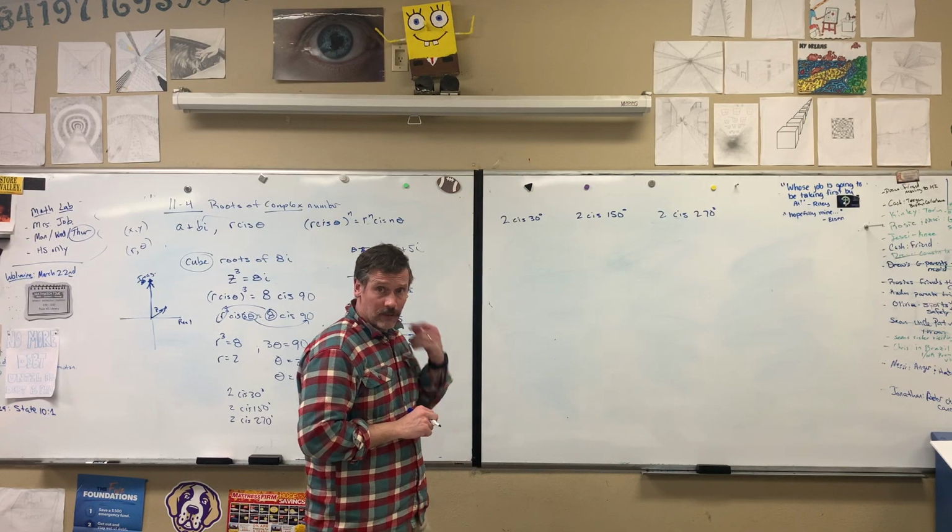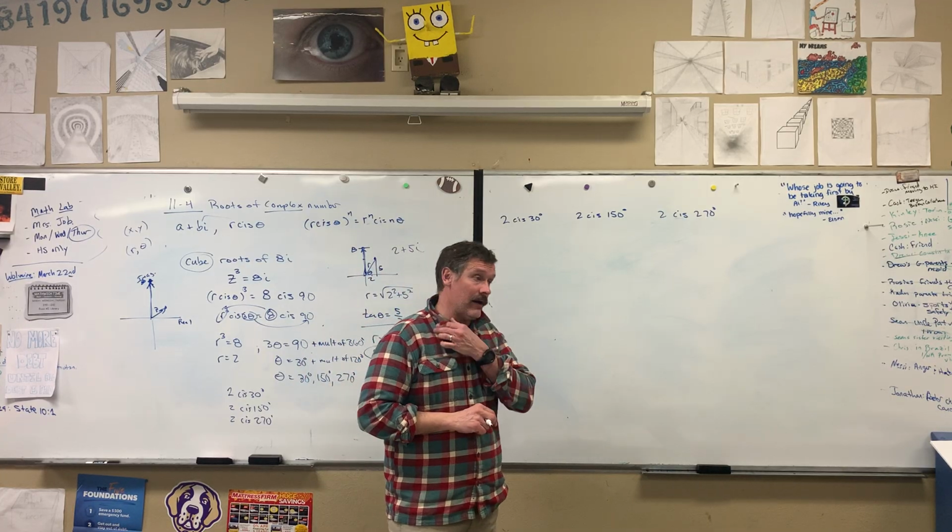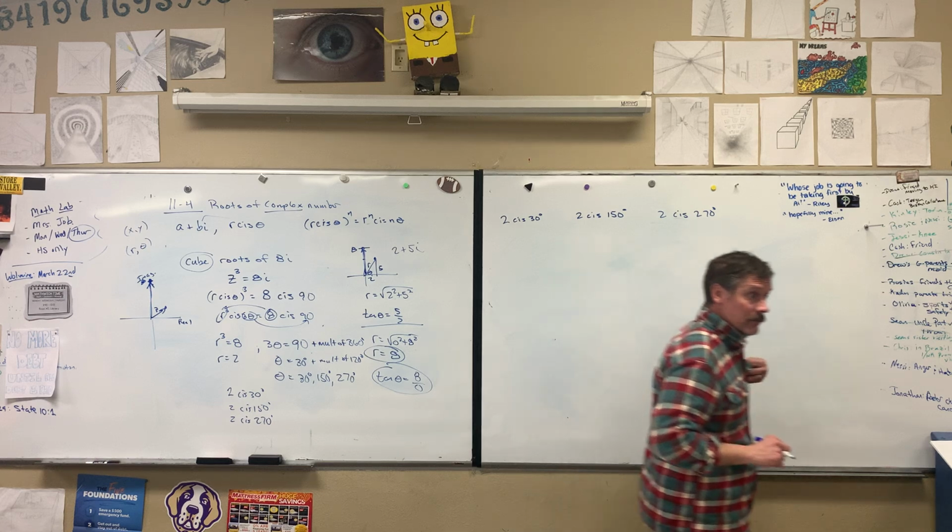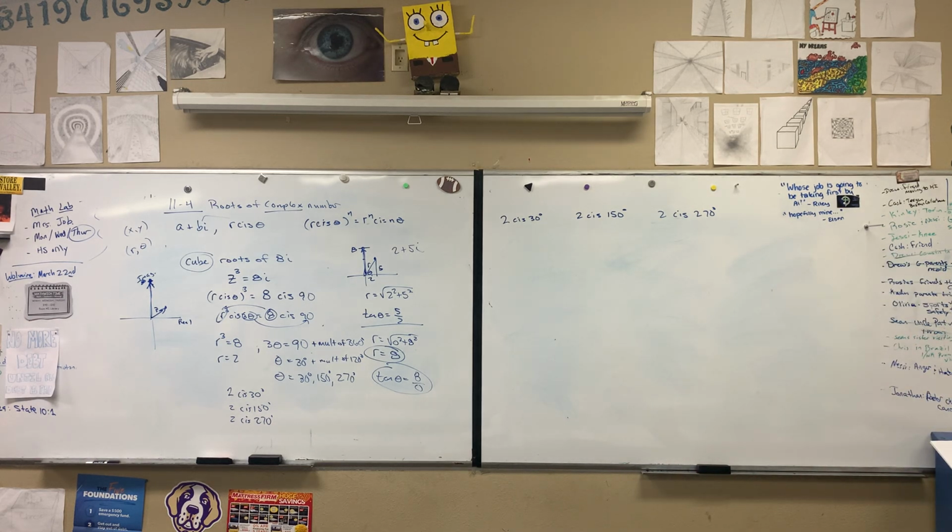If these are all unit circle values, they should have simplest radical form on them. So do a conversion for me.